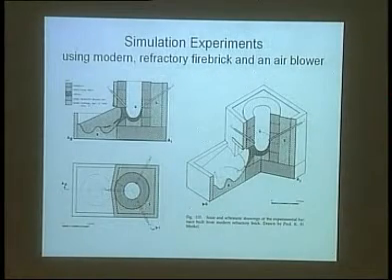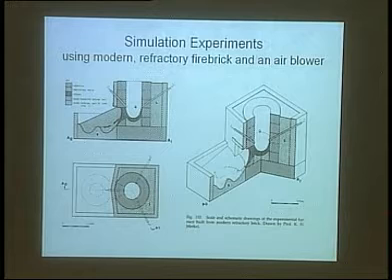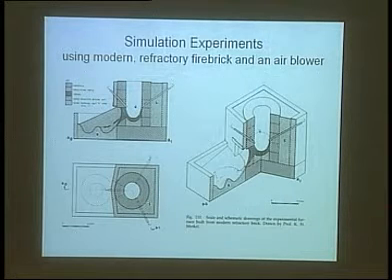Okay? So working from there, we had to try and deal with aspects of furnace construction, the reduction atmosphere, dealing with slagging of poor quality refractories, and this plano-convex ingot question at the bottom. Okay? So here we have one of the reconstructions that we built, full size. We experimented with 1, 2, and 3 tuyeres.